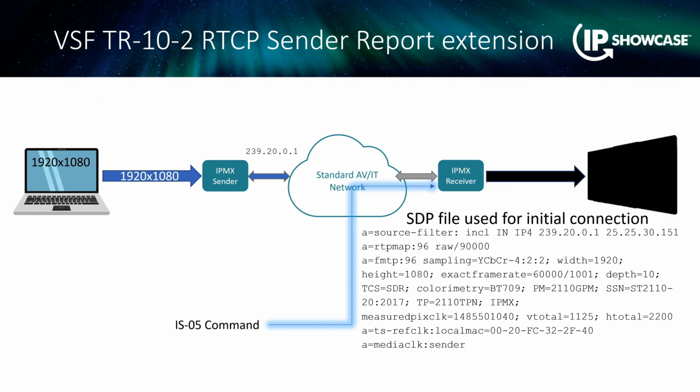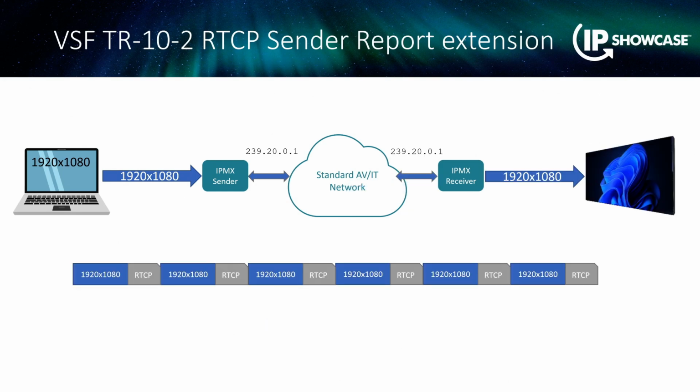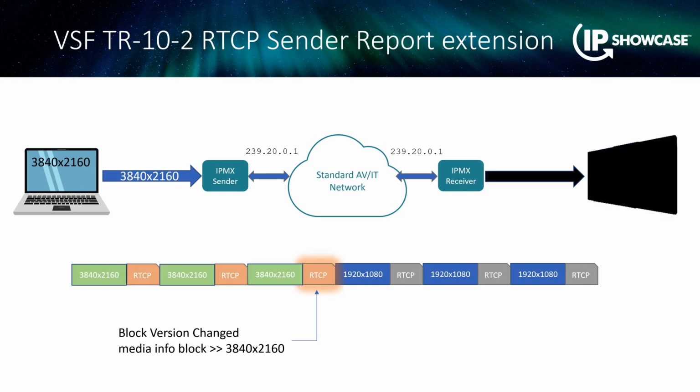Let's say I'm an integrator. I just set up this room and did this connection. I unplug my laptop and walk away, leaving it like this, just like I would have connected the HDMI cable. Everything's happy and working, and I have my signal flowing. Then somebody comes on the laptop and says, hey, I really want to do UHD. And so he changes the resolution to UHD.